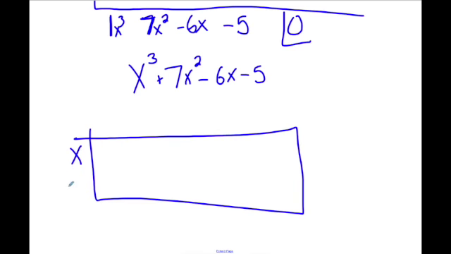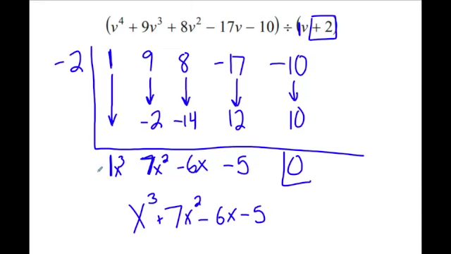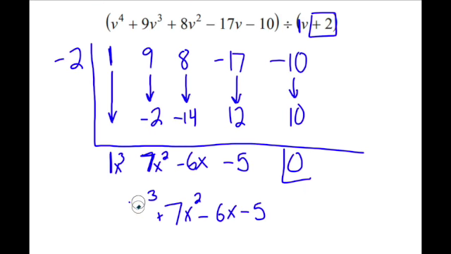Remember, we set up x, and this is going to be x plus 2. Well, in this case, I guess we're going to do v plus 2. So in theory, I should be technical: if I started with v's, I need to end with v's. So v cubed, v, and I suppose we should do the same thing here. It doesn't super duper matter. Changing the letter alone doesn't really make a big deal, but it is important to stay consistent.